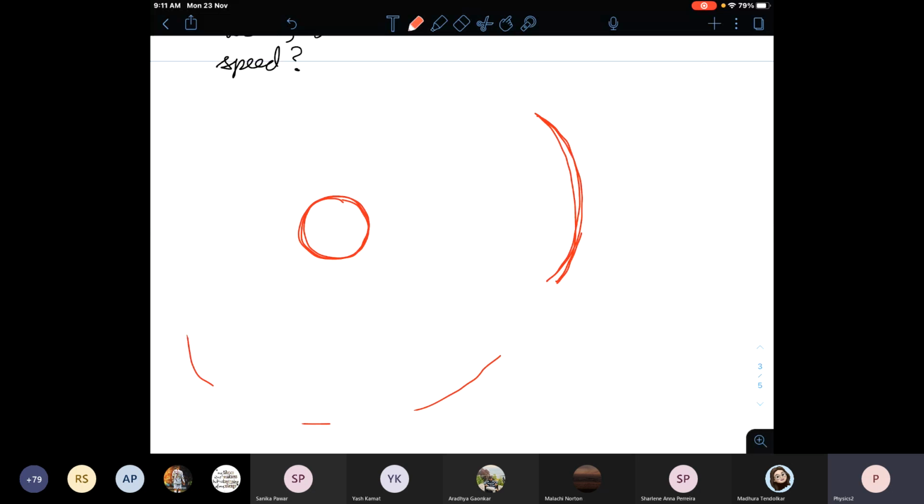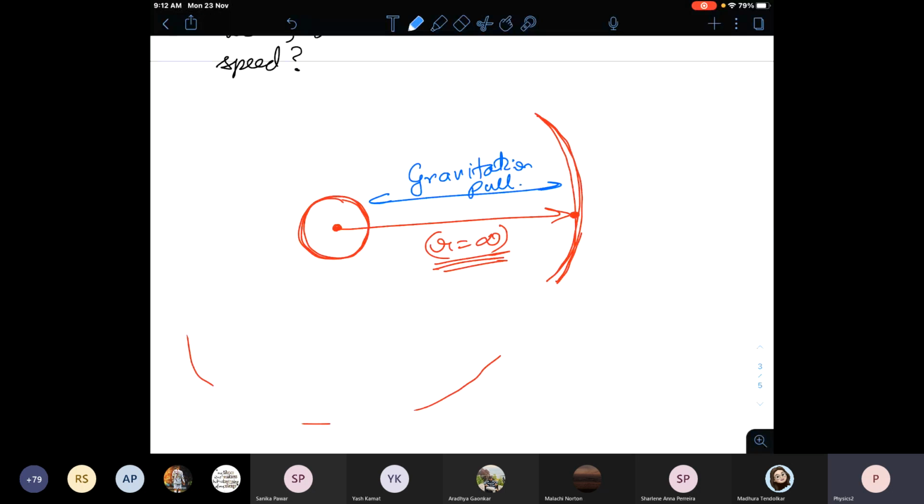So for this planet, this distance is r equal to infinity. From the center to this r equal to infinity distance, this region has gravitational pull. This is the gravitational area. But if something is beyond this line, it won't feel any gravitational effect of this planet.